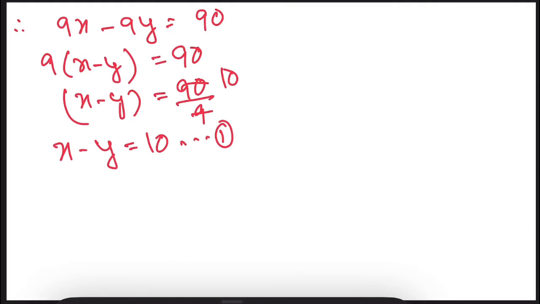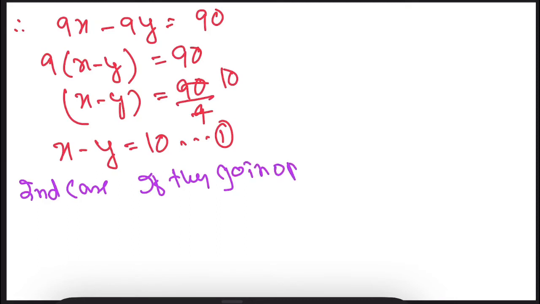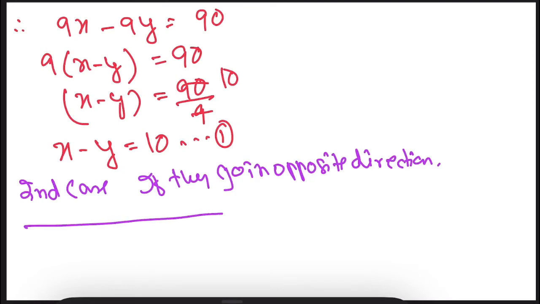Now we shall do the second case. What is the second case saying? If they go in the opposite direction. So now let's say these are points A and B. P starts this way, and Q starts from this side.